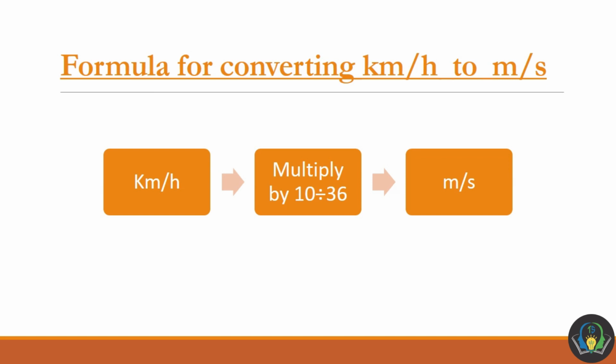When you want to convert from kilometer per hour into meter per second, you just have to multiply by 10 upon 36. So it is a very simple procedure. Easiest one. So let us have a look at some numericals about it.